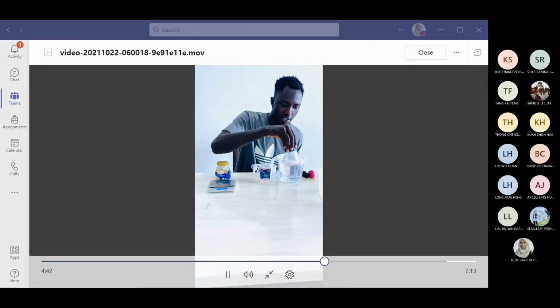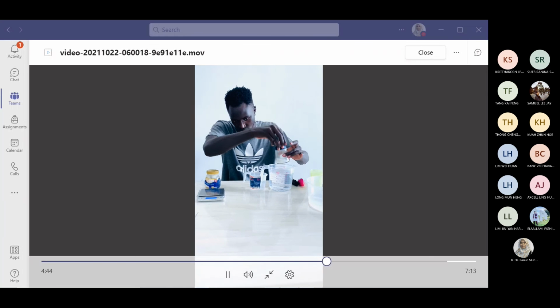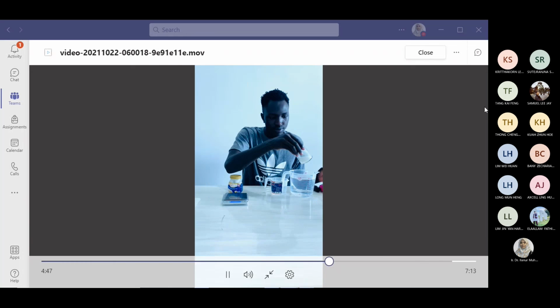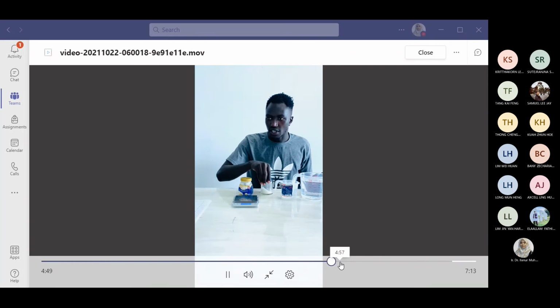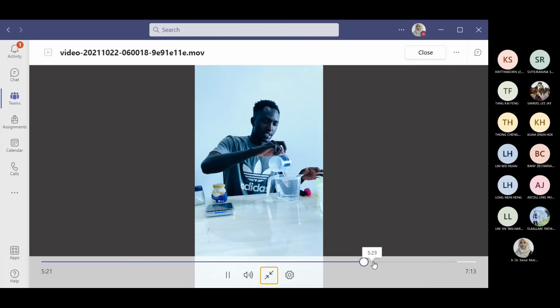So the difference is, when it was not yet fully immersed in water, you could see that it was around 204 for T1.